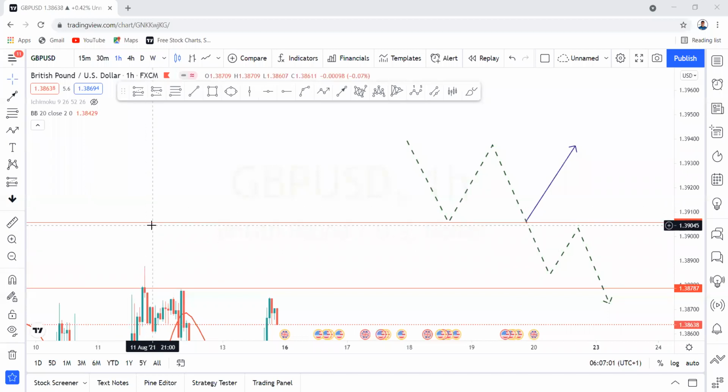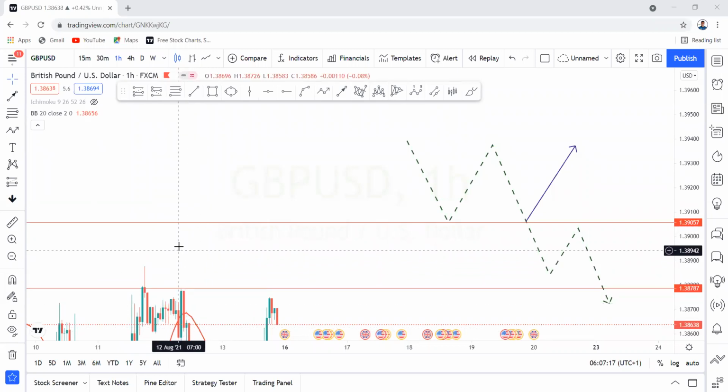Then the market came and opened below the close of the previous session, and we are expecting the market to go back down. It opened below, it should go down.